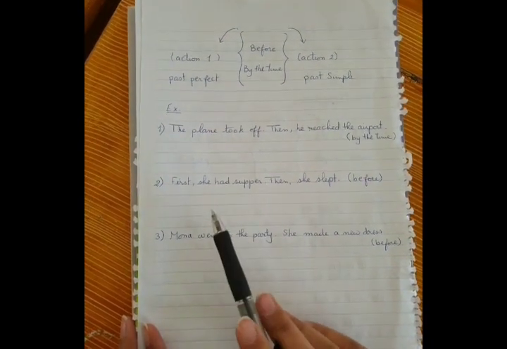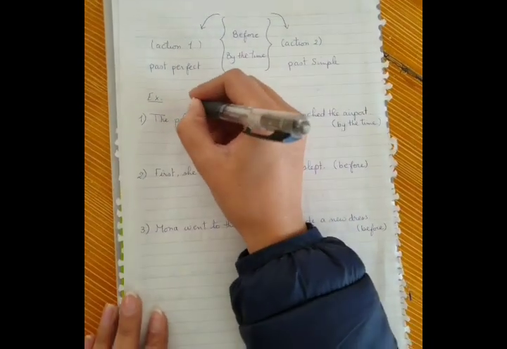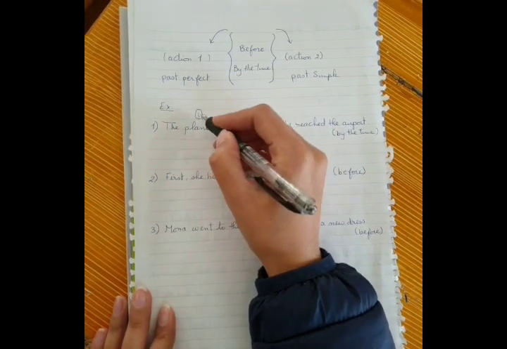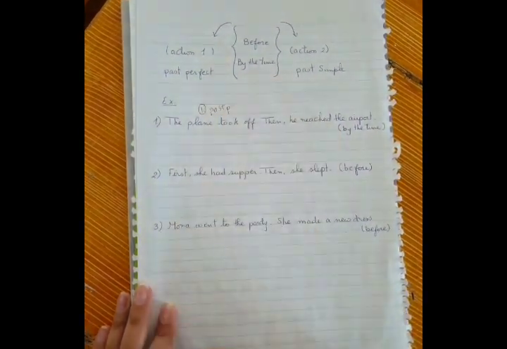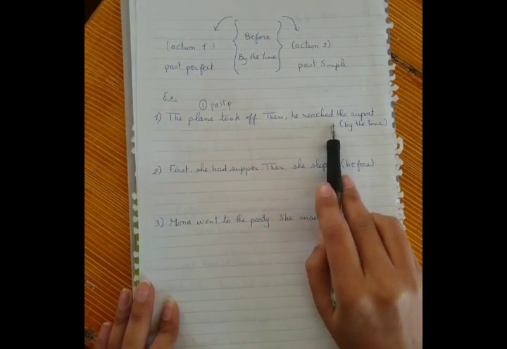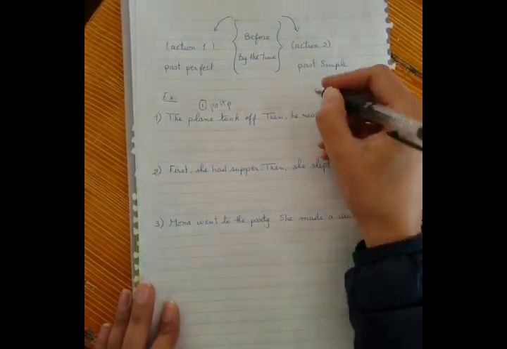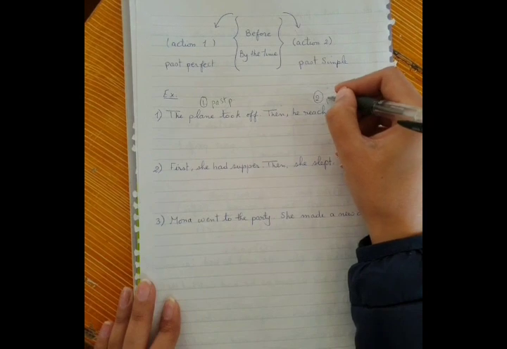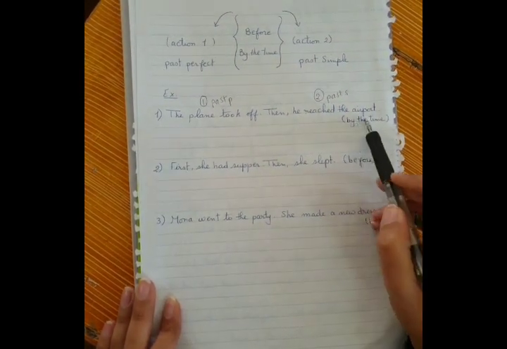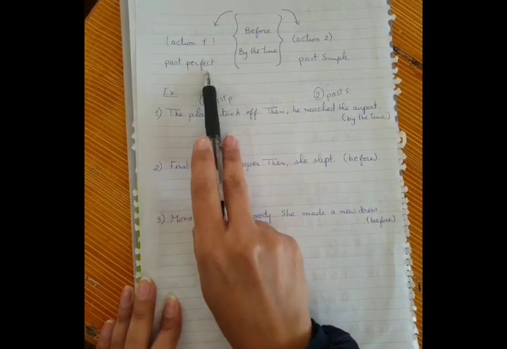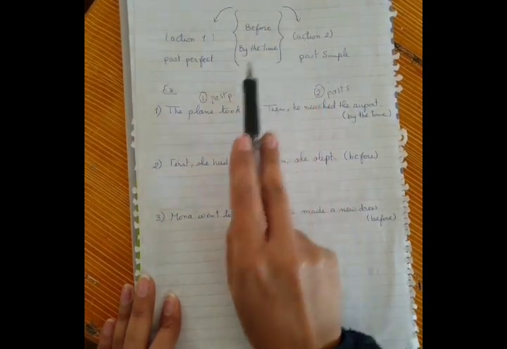So where is action 1? The plane took off. And we said that 1 must be in the past perfect. Then he reached the airport. This is action 2. And action 2 must be in the past simple.